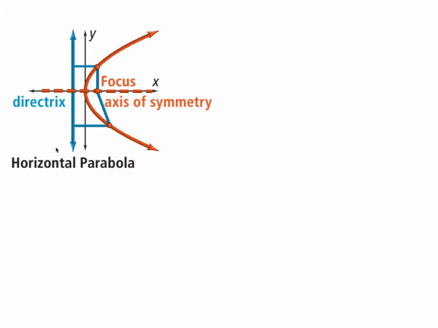If I have a horizontal parabola, then the focus again lies on the axis of symmetry, and the distance from the focus to the vertex is the same as the distance from the vertex to the directrix. The directrix will be a vertical line for a horizontal parabola.